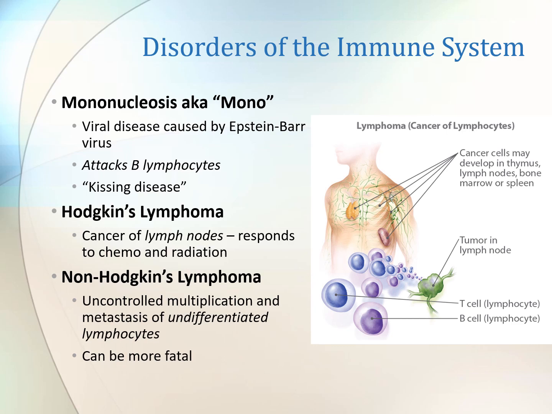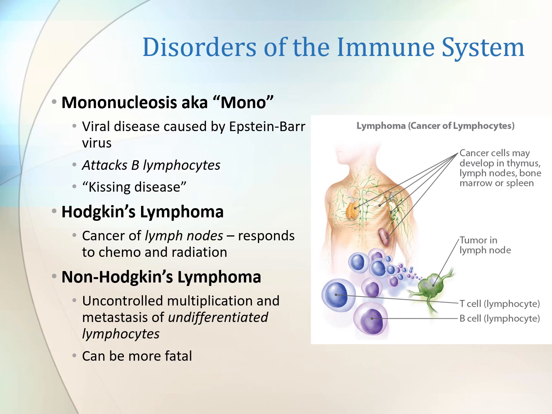It's a specific virus, the Epstein-Barr virus, and it attacks B lymphocytes. So you have a weakened immune system for a while, and it does go away, but it lasts a few months. Usually people are very weak and tired, and it can be quite dangerous as well if you develop any sort of infections while having mono.